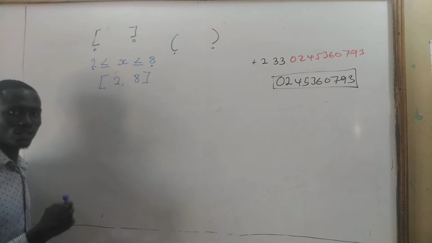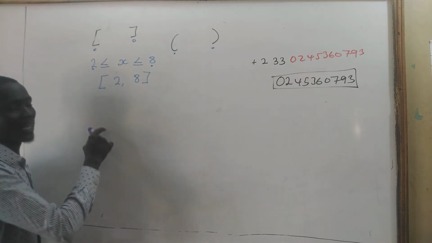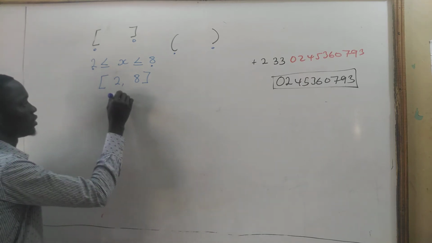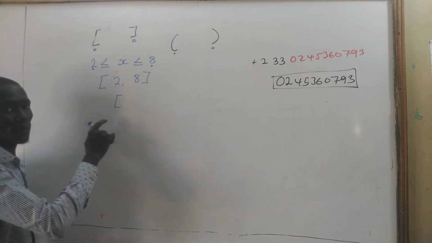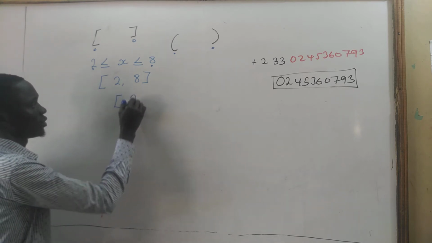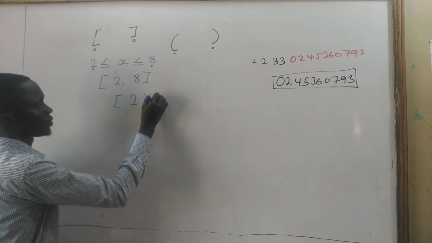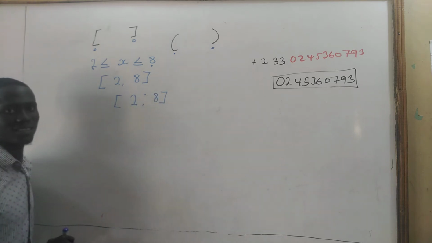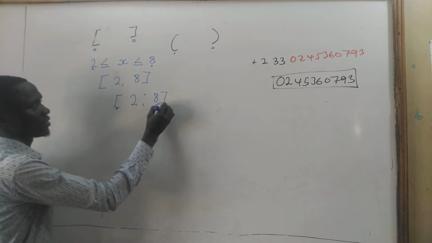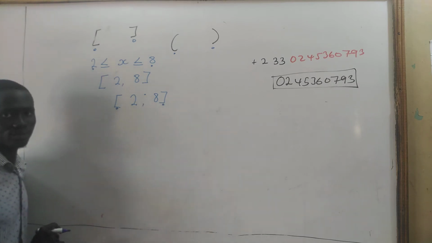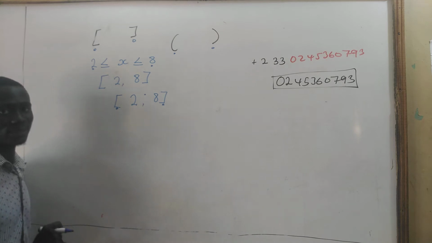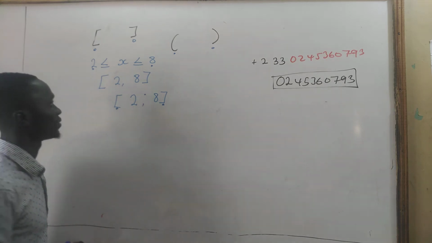In some countries they use the comma as a full stop, so if you are in a country where you don't use a comma to separate the two numbers, you may use a semicolon to write it as [2; 8]. These two symbols mean that the endpoints are included. Very simple as that. I hope you are following.